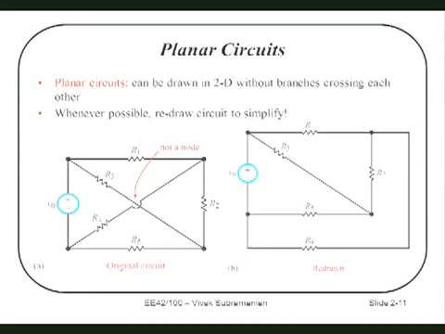Well, let's just take out R4 and connect it from the negative of the source to the node between R1 and R2. So a planar circuit can always be redrawn without having crossing. The advantage is it makes analysis easier. It's easier for you to identify where the loops are, where the nodes are. It makes life easier.